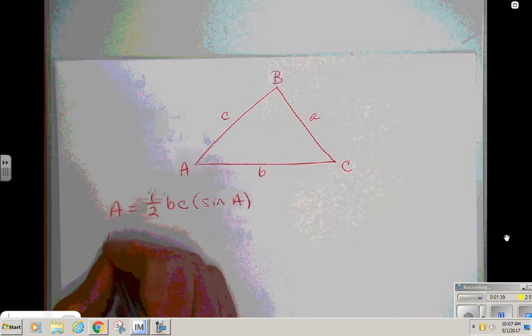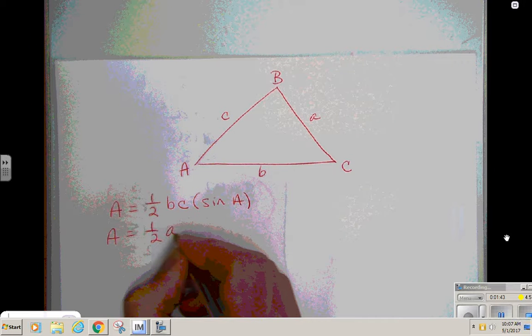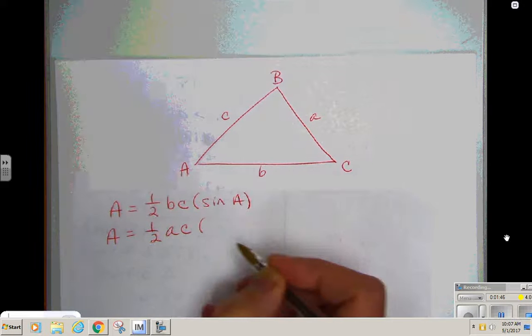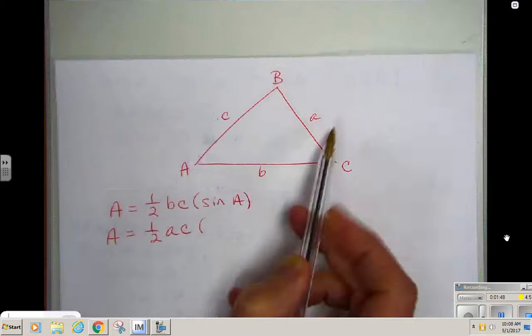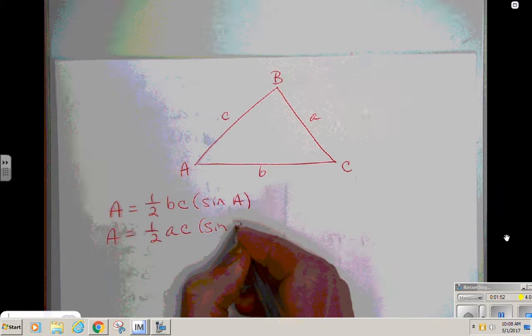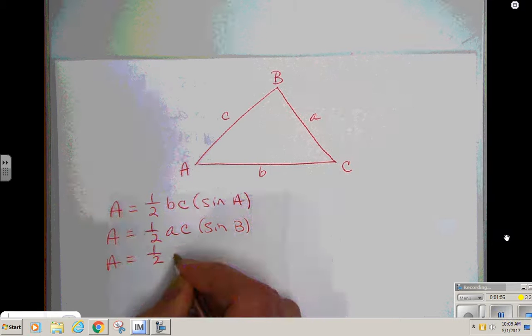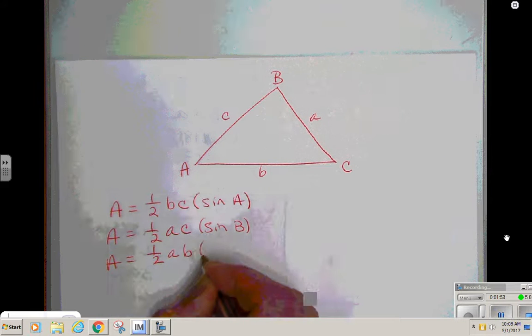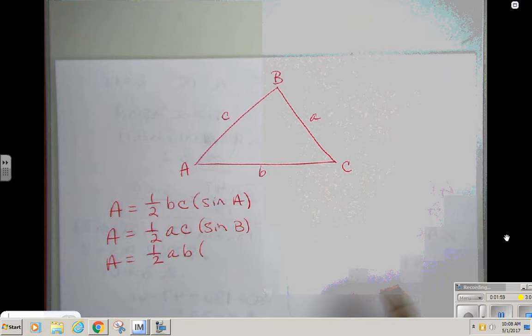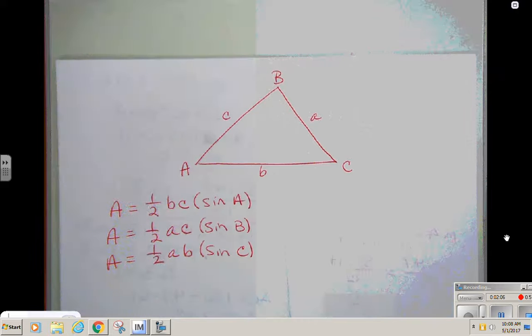So if you are using side A and side C, then you would use the sine for angle B. And then the last possibility, if you're using side A and side B, you would use the sine for angle C. And that would give you the area.